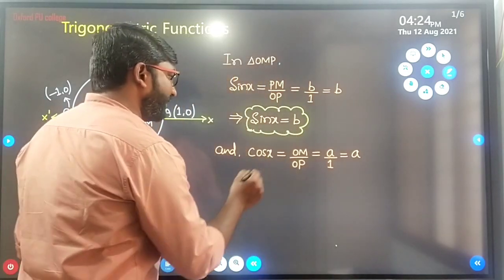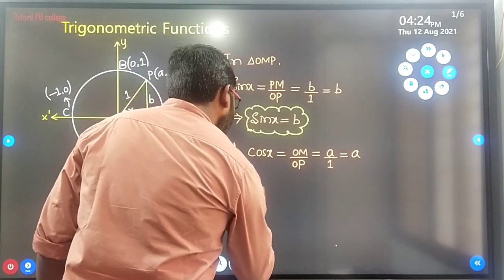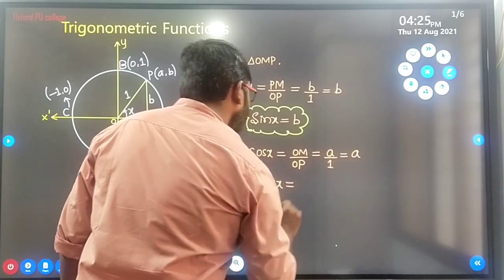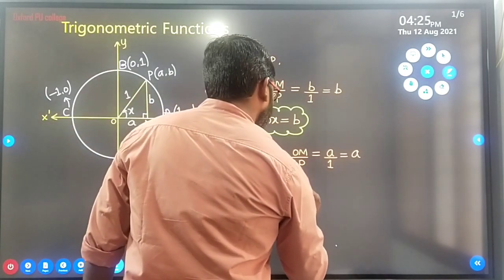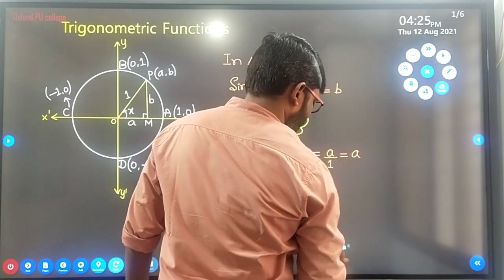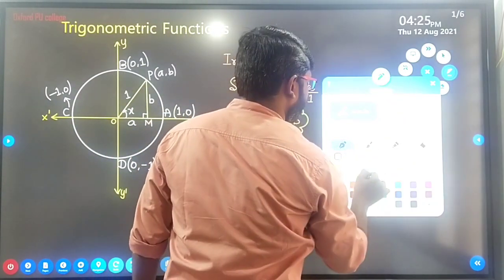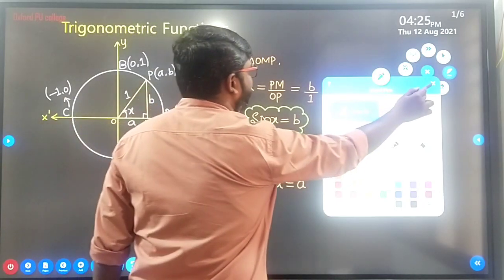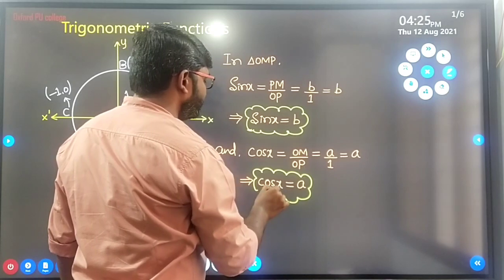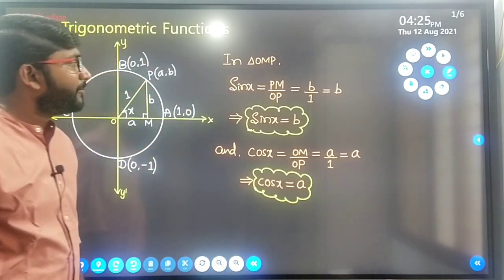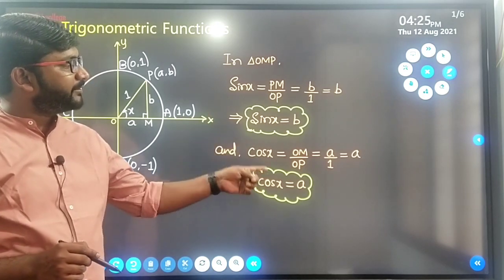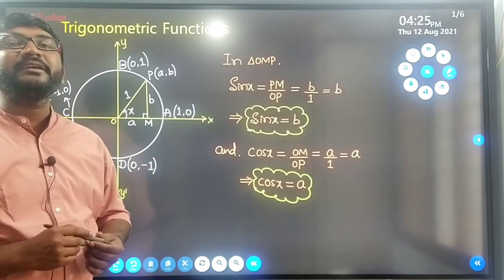So overall we can write cos x is equal to a. So here we have got the value of cos x and sin x. Now cos x will be a and sin x will be b.